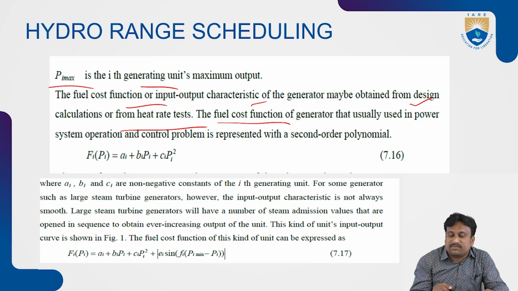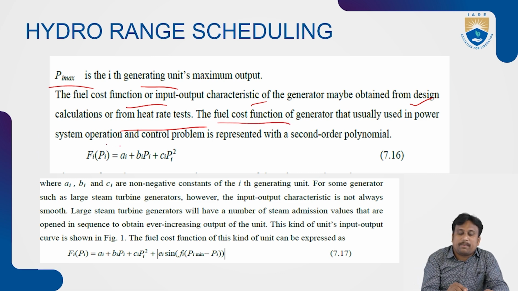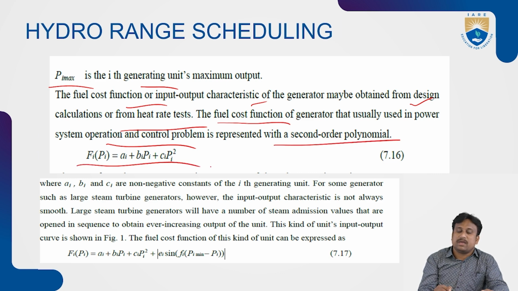The fuel cost function of a generator usually used in power system operation and control problems is represented with a second order polynomial, that is Fi of Pi equals Ai plus Bi Pi plus Ci Pi squared, where Ai, Bi, Ci are non-negative constants.